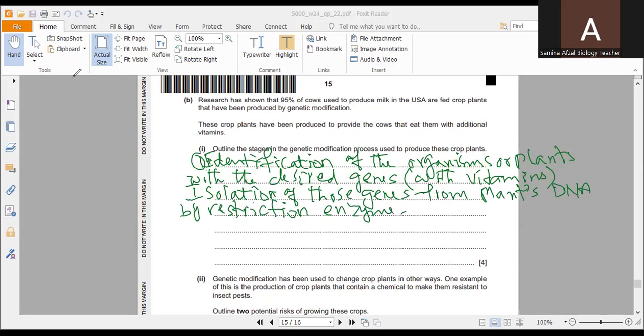And then insertion of these genes into the vector.